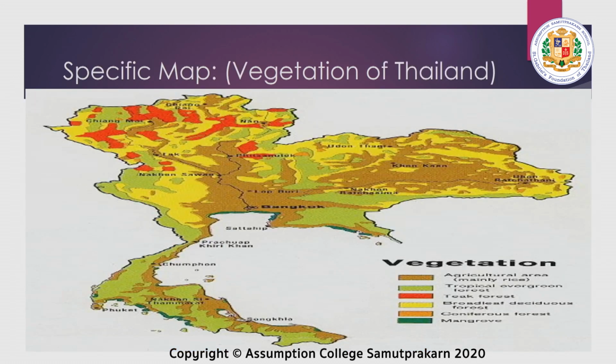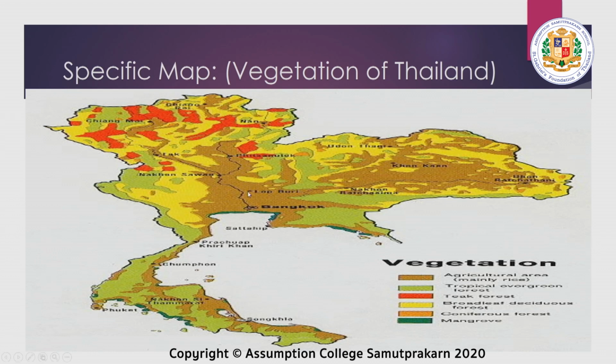Another kind of specific map is like this. Still, it is a map of Thailand. But what is the information about? It is not about population, but about vegetation. What kind of forest, what kind of tree grows in that area? The brown one represents agricultural area, like rice.